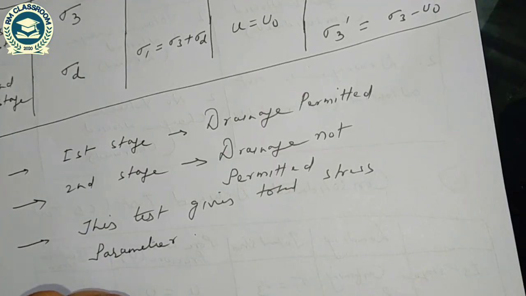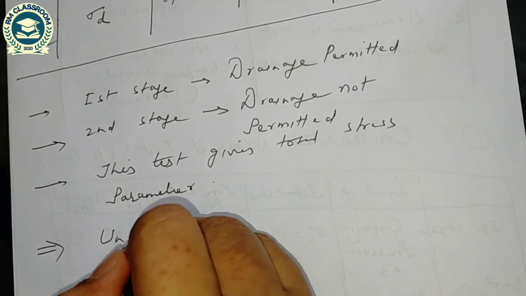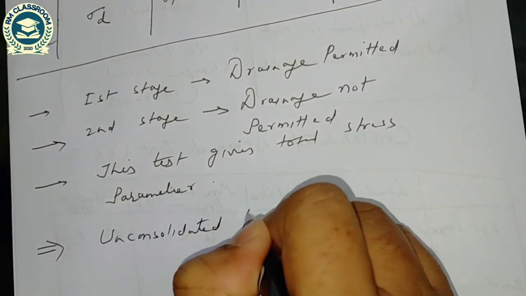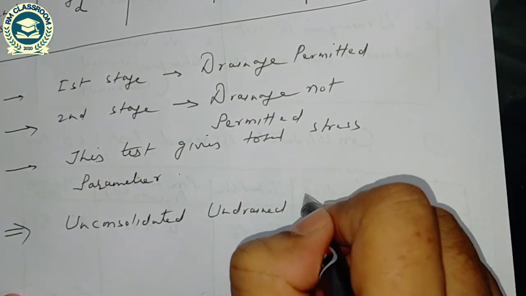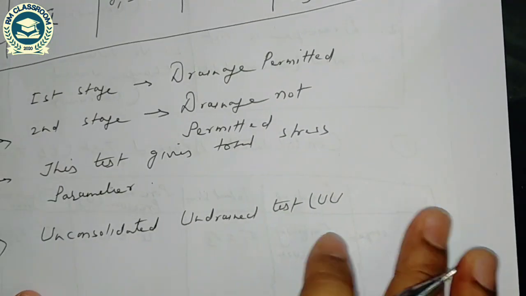Last test, that is unconsolidated undrained test, that is also known as UU test.